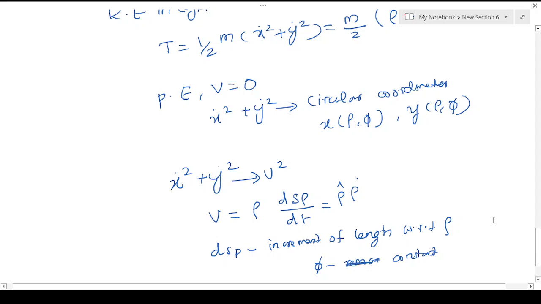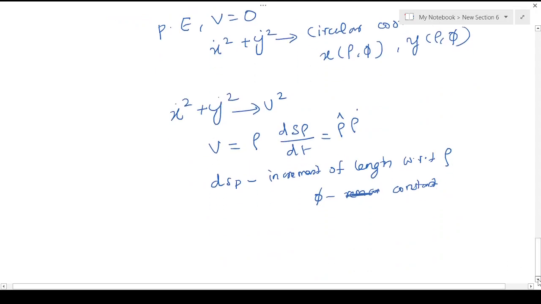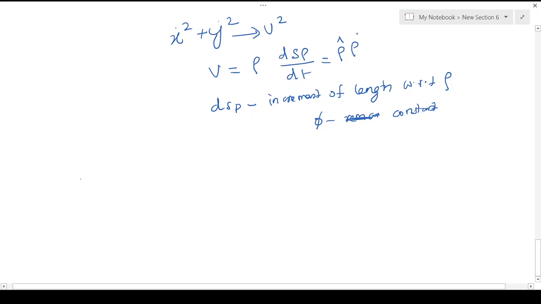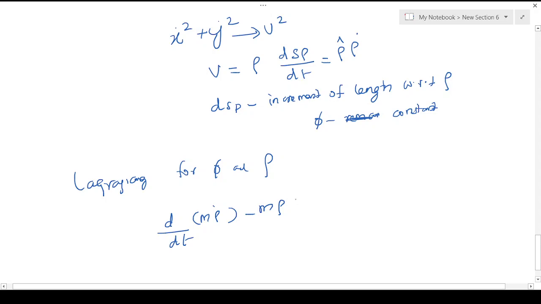So the Lagrangian equation for rho and phi will be equal to what? It is equal to d by dt, okay, m rho dot minus m rho phi dot square is equal to 0. So that is equal to what?